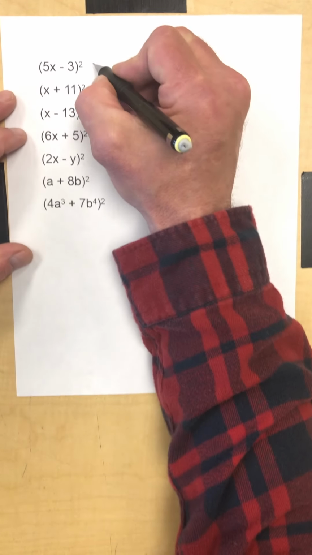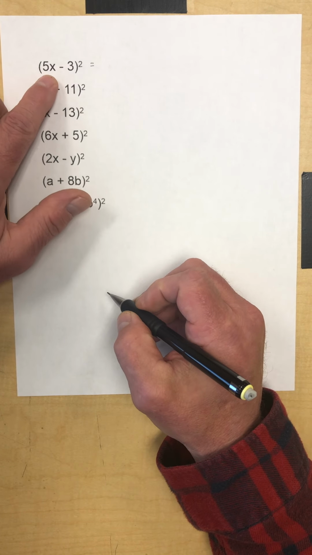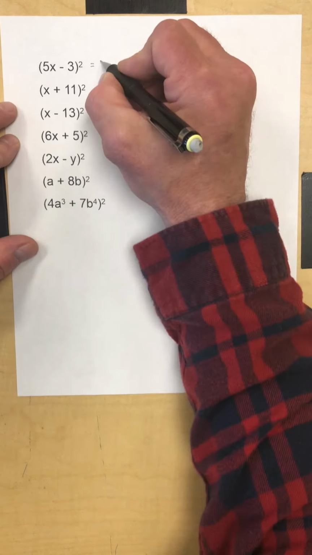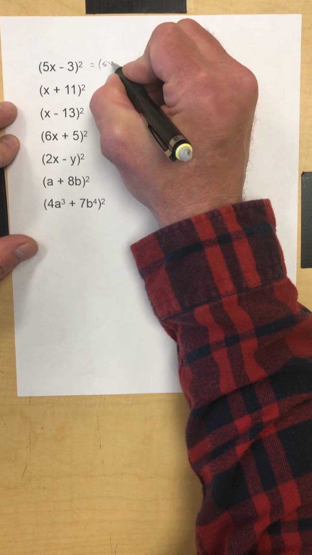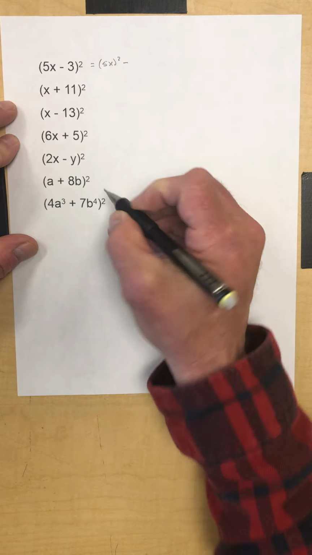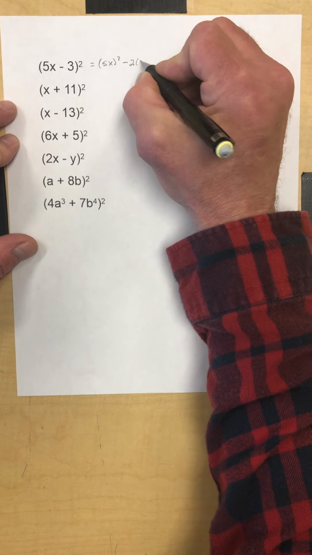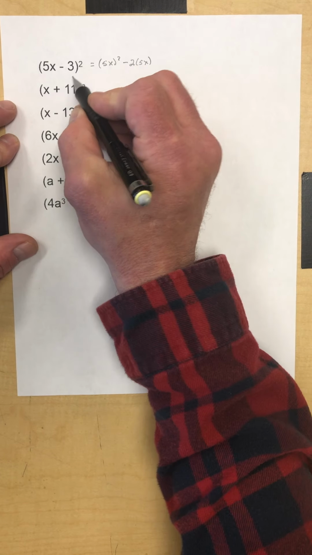Okay, so again, not hard to do. Remember, you take the first term and square the whole thing. So I have to square all of 5x. Bring the sign over for the middle term. Middle term is always 2 times the first term, 5x, times the second term, 3.